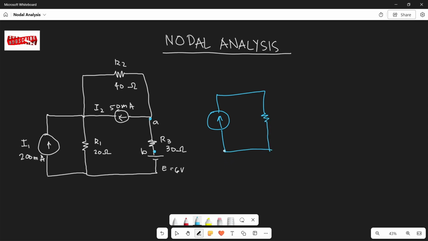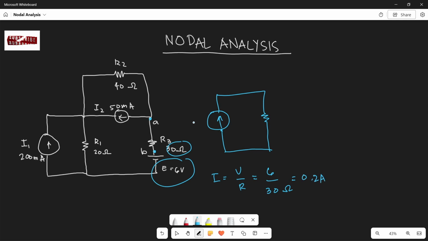The value of the current is determined by Ohm's law: I is equal to V over R, so 6 volts divided by 30 ohms, which equals 0.2 amperes.